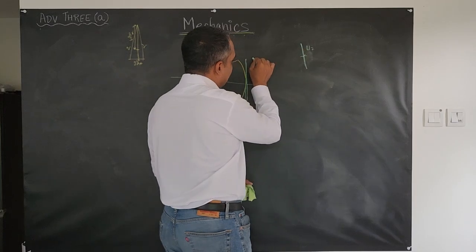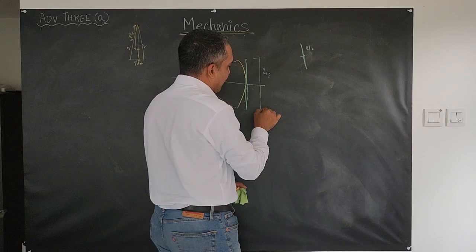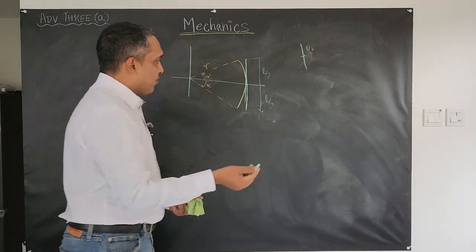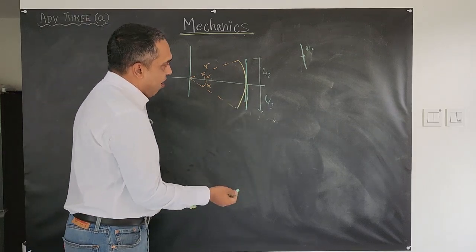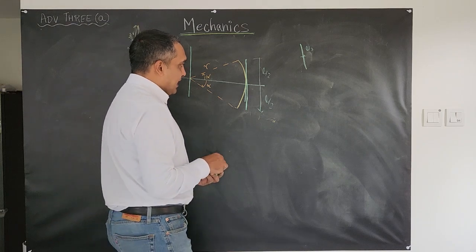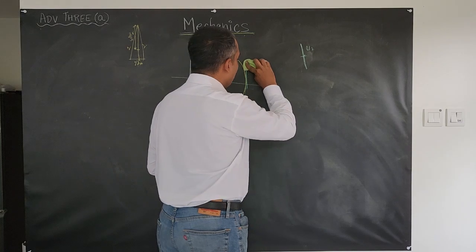So if this was L by 2 and this is L by 2, we'll just say that the x value would be r at the center. But now that I've bent it, what's happening?